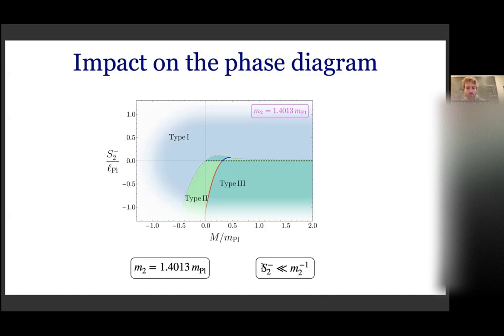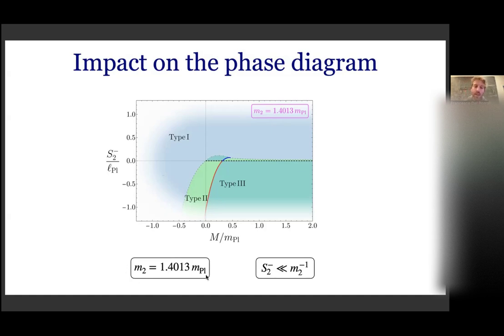First of all, S2 minus must be much smaller than 1 over M2, which, with this constraint of M2 being 1.4 Planck masses, means that S2 minus is of the order of the Planck length. And indeed, we fixed M2 to be 1.4 M Planck.